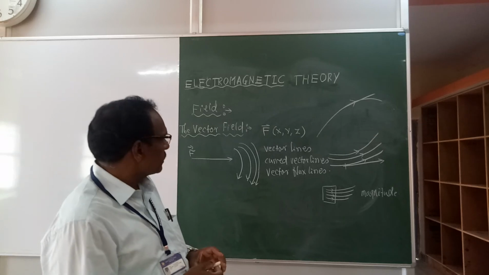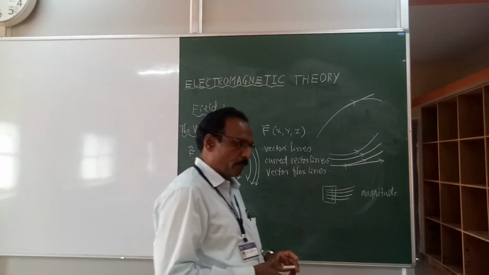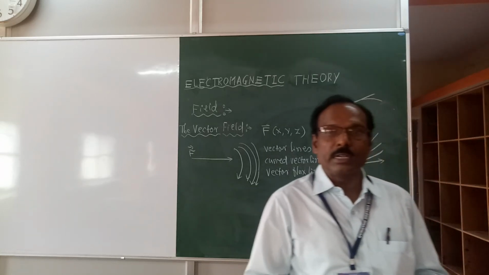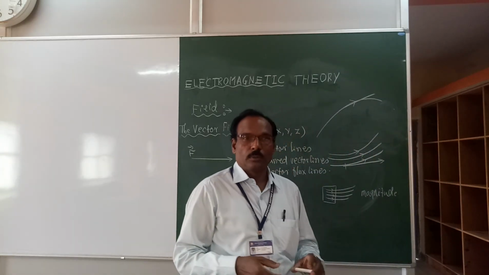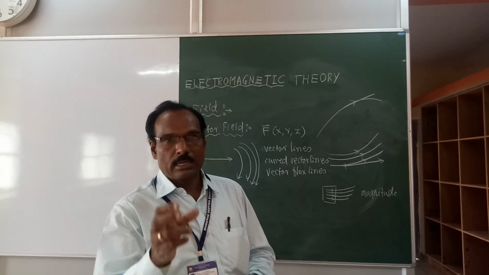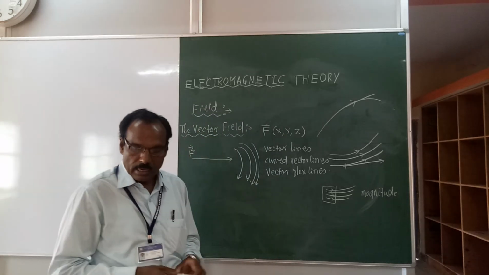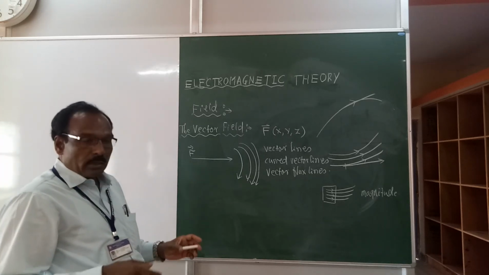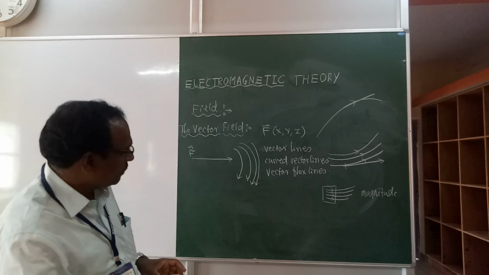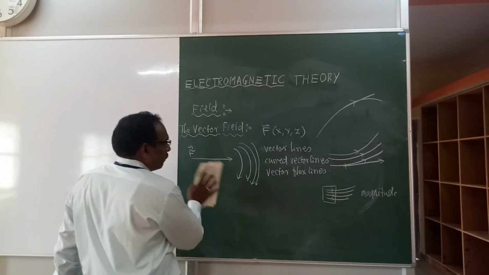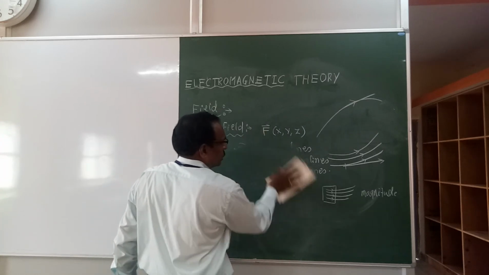What are the examples of a vector field? There are many. Magnetic field is a vector field. Electric field is a vector field. Distribution of velocity of a gas is a vector field, and so on. So, in general, a vector field is represented by a curved line, a flow line, or a flux line.